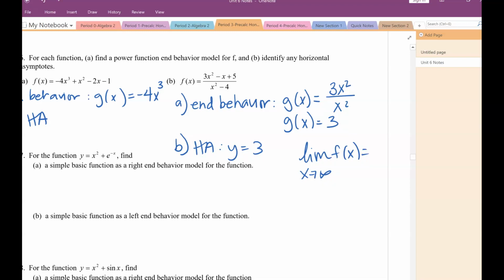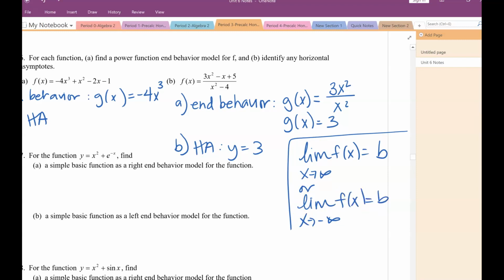What's the definition of HA? If the limit equals b, or would you agree that I can also approach negative infinity, or limit as x approaches negative infinity of some function equals b. If that's the case, HA is y equals b, all right?